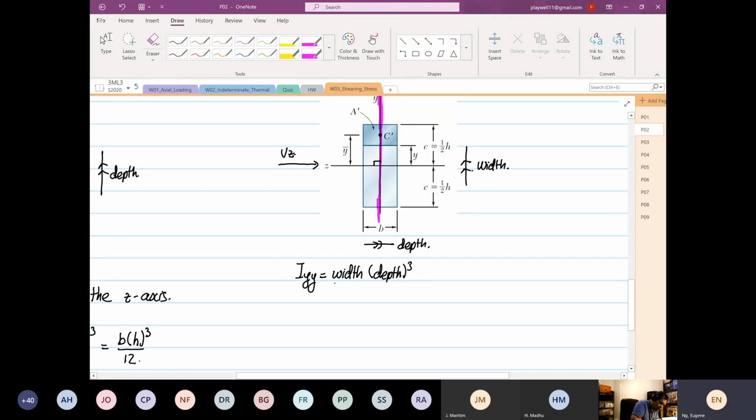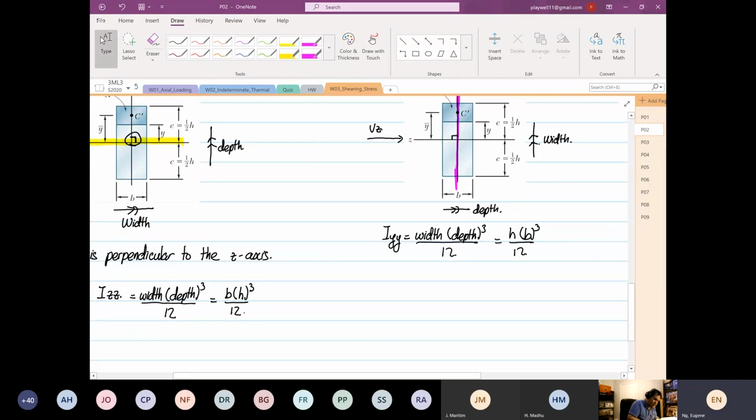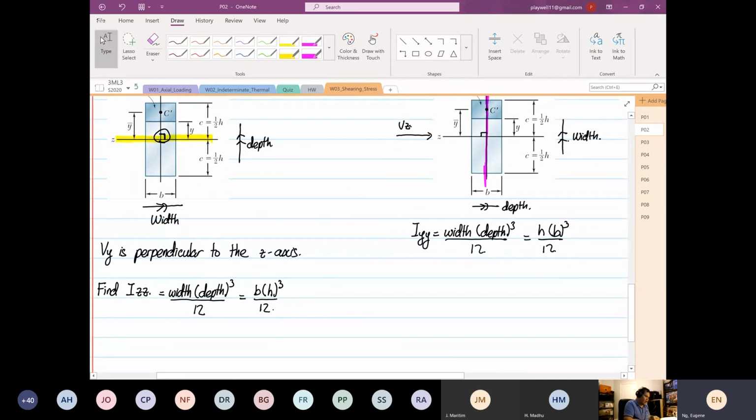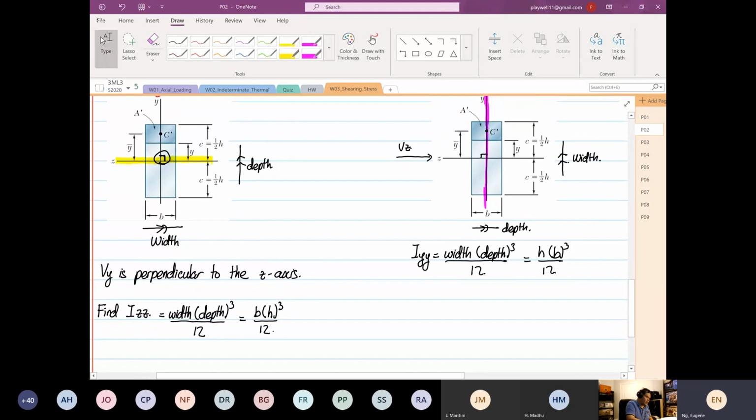So the width is 2c or h, and the depth is b cubed divided by 12. So you can see whether you take Iyy or Izz, it all depends on your shear force direction.